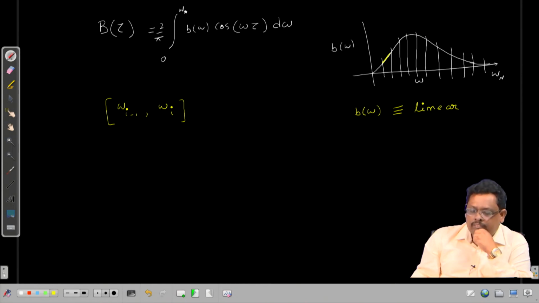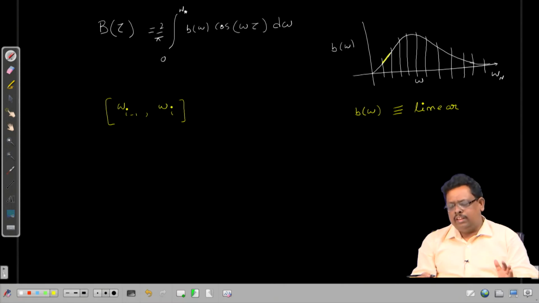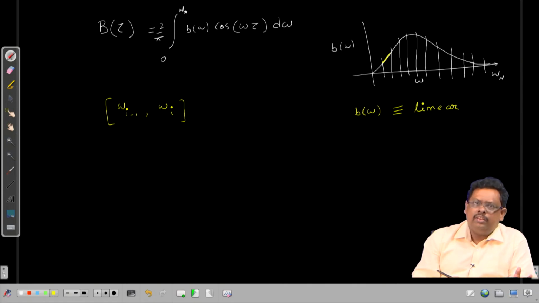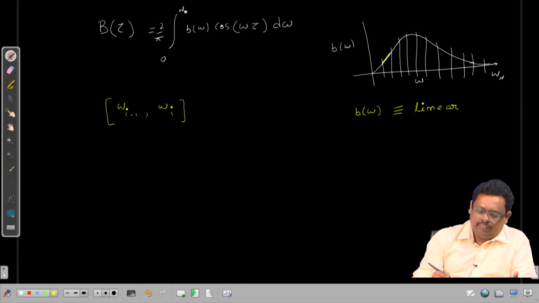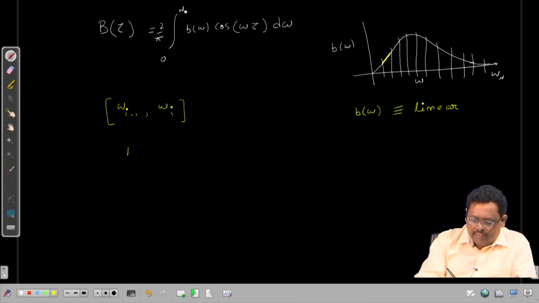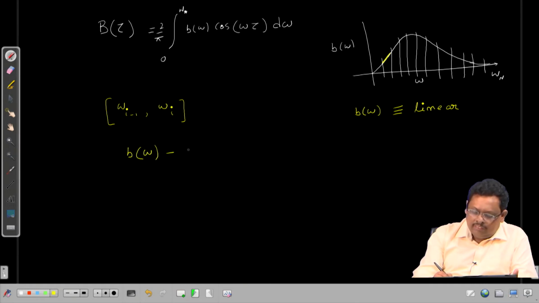If you want to do a cubic spline, you need 2 points and also the 2 slopes at the 2 end points, and in quadratic you need at least 3 points, so some intermediate point is required. Many things we can do, but we do the simplest way: we assume it is a straight line between 2 intervals. Everybody knows the straight line equation: b(omega) minus b of omega (i minus 1).